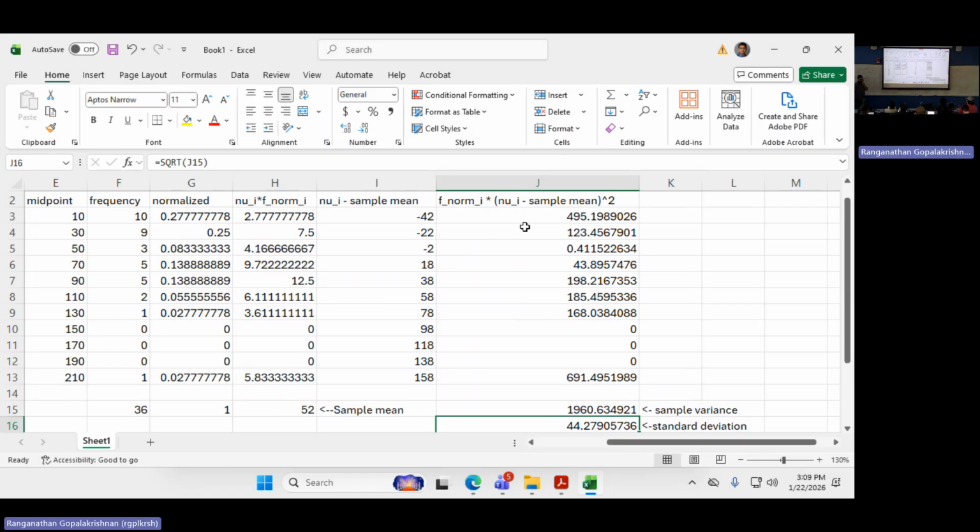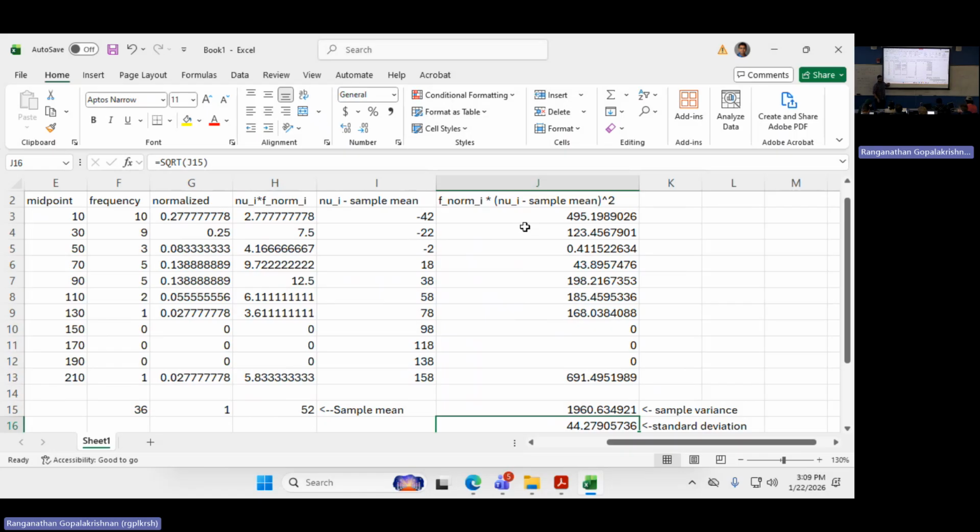Why did you work with normalized frequency? Why not frequency? Frequency is something that will scale with the size of your data. I want to coach you to work with normalized because if I look at this normalized table, I know that between 0 to 20, 28% of the values are there.